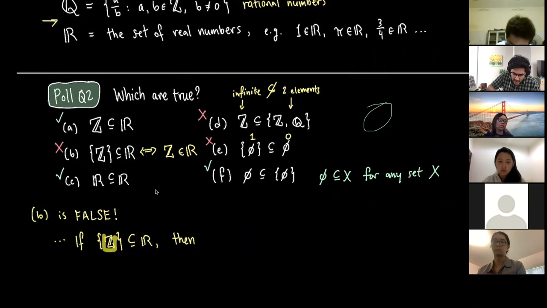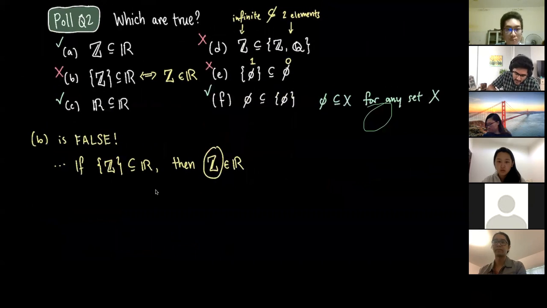Now, the set of integers is an element of the smaller set. So this tells me that Z is an element of the real numbers, right? It's a member of the real numbers. And that's not true, right? Can someone explain why this set is not an element of the real numbers? I can give you another example. Tell me this. Is this set 1, 2, 3, my favorite set, an element of the real numbers?